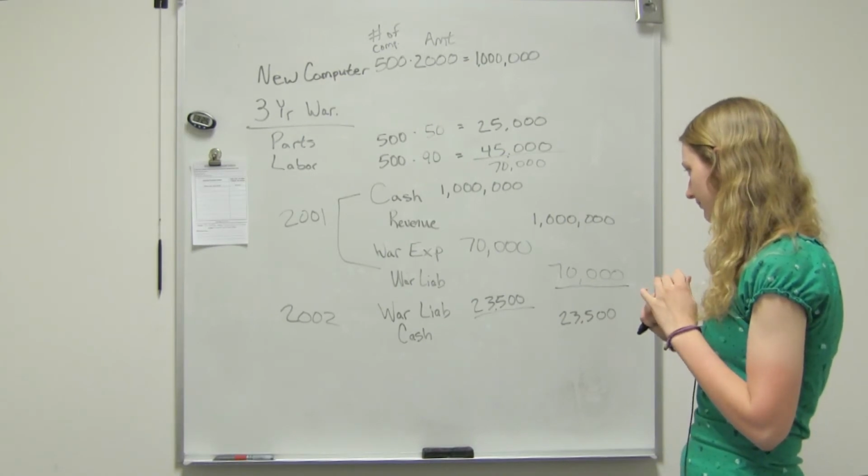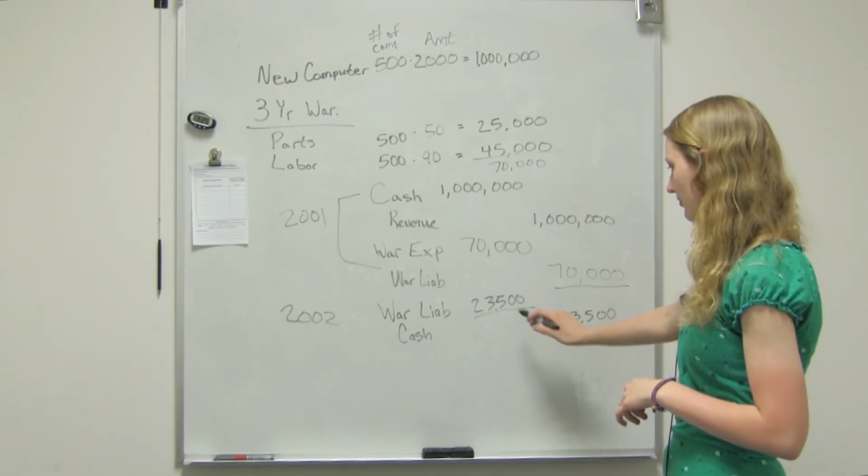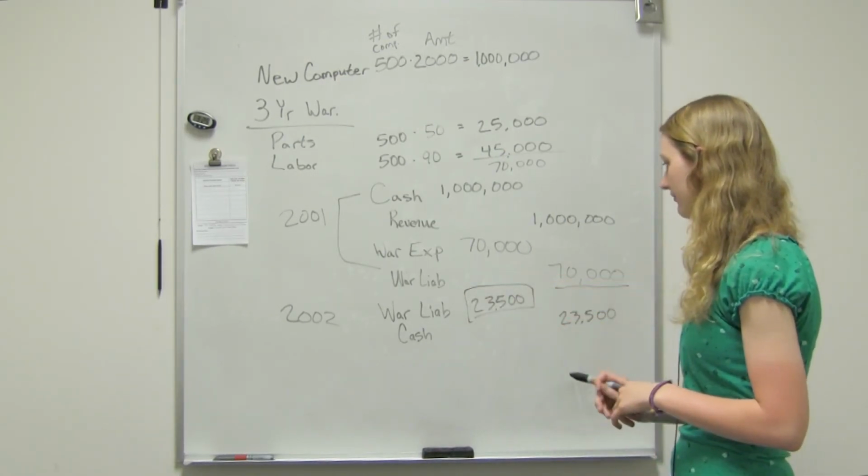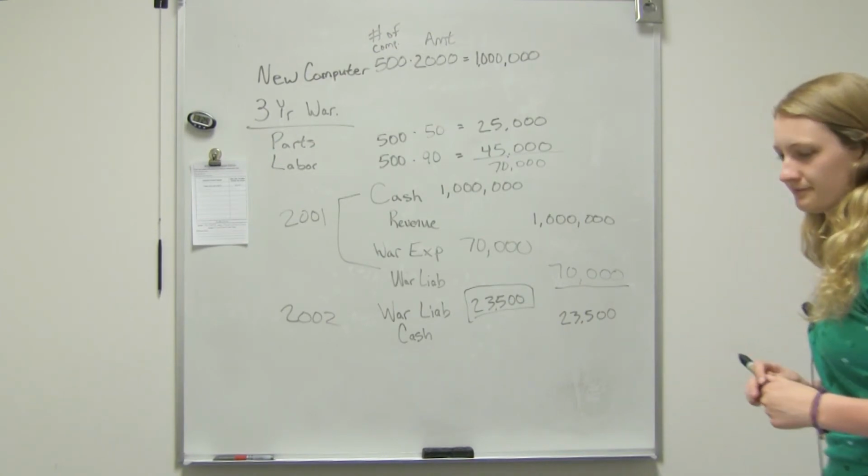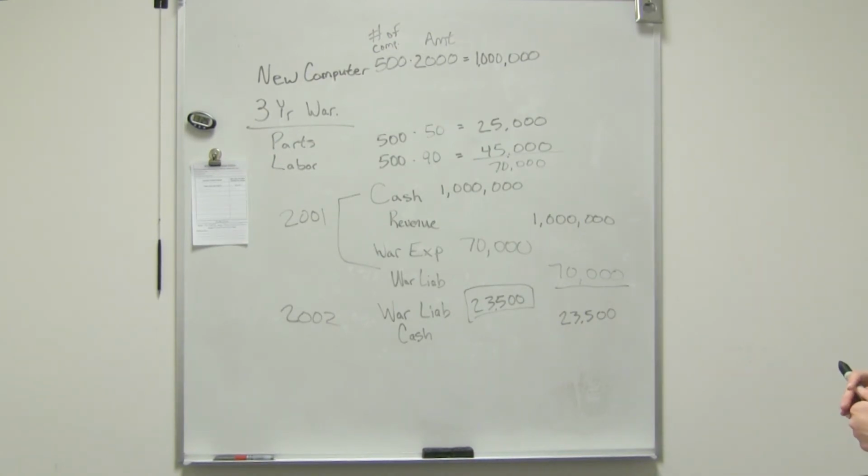And so your total expense would just be the 23,500. And so this was the expense method where the warranty was included? It is included. It's not separate. Included costs.